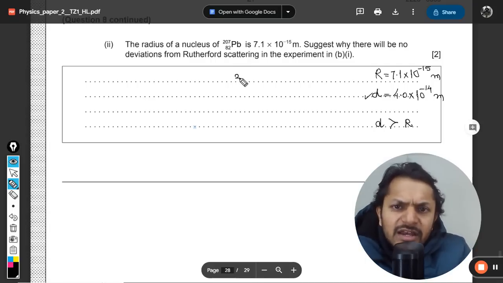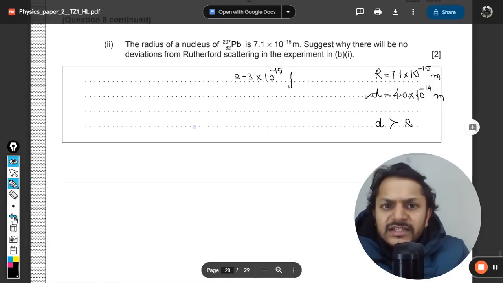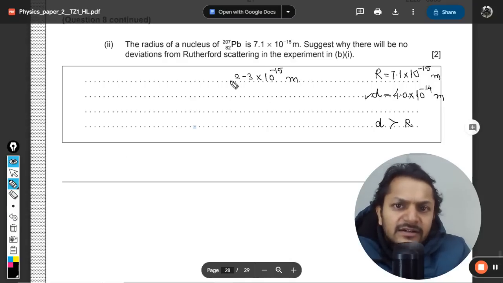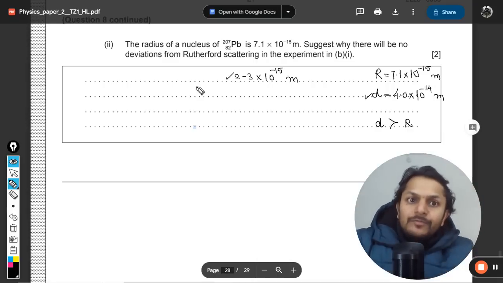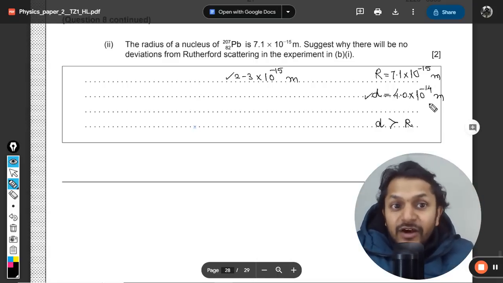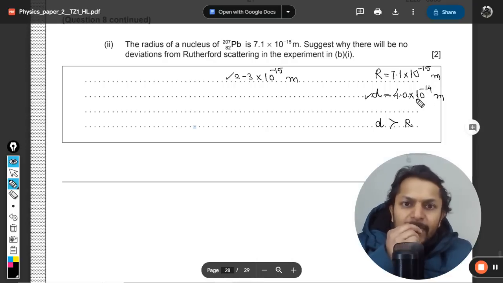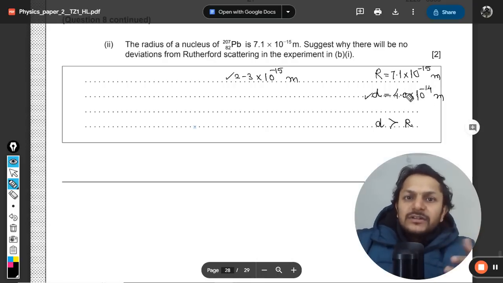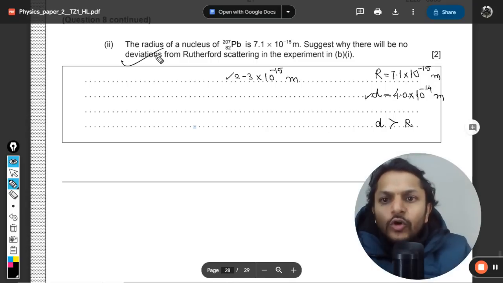That is nearly 2 to 3 Fermi meter, that is 10 raised to negative 15 meters. This is the distance the alpha particle needs to come into, but it is very far away, about 10 times this distance. That is why there will be no deviation.